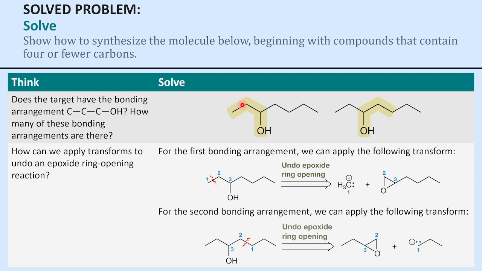So the first thing we need to do is figure out the first bond arrangement that we can apply to the transformation. We could go on this side, or we could go on this side. Those would both work.